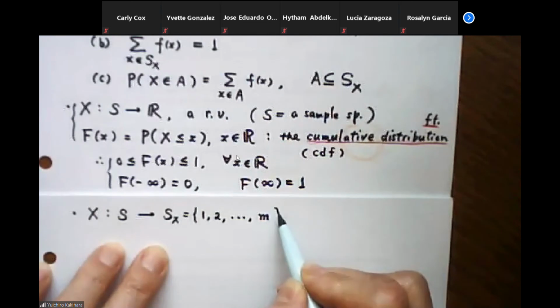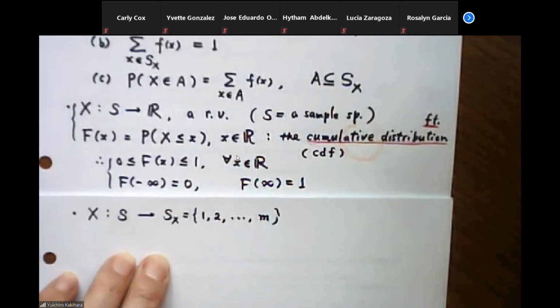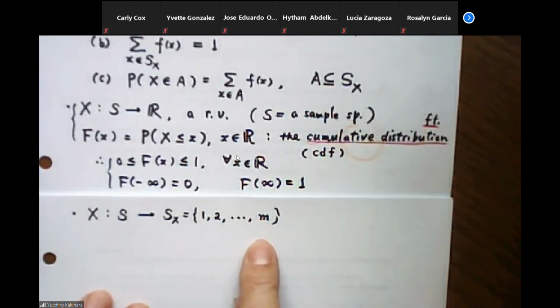A good example is rolling a die. The sample space is 1, 2, 3, 4, 5, 6, and the number on top of the die is 1 to 6. So that's the same thing, and in this case m is equal to 6.